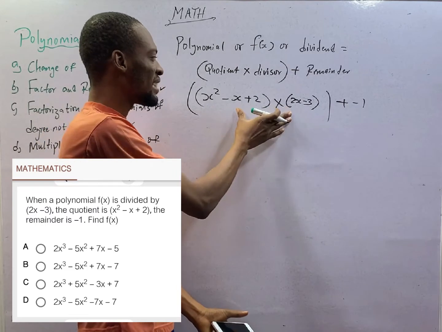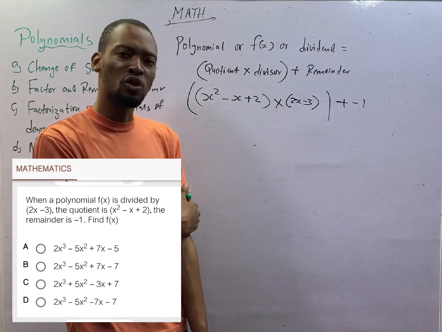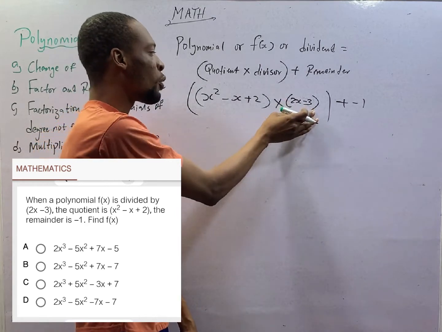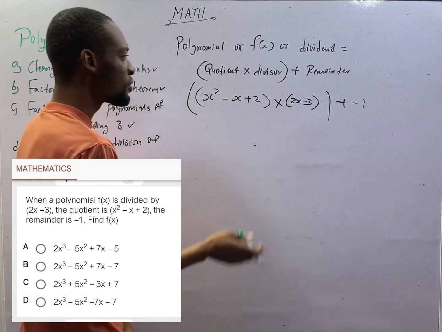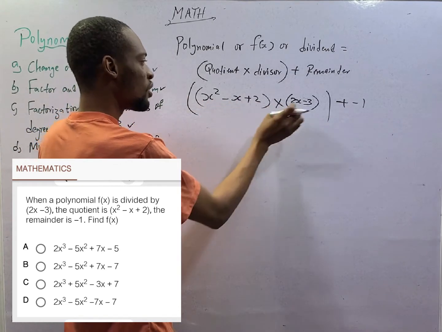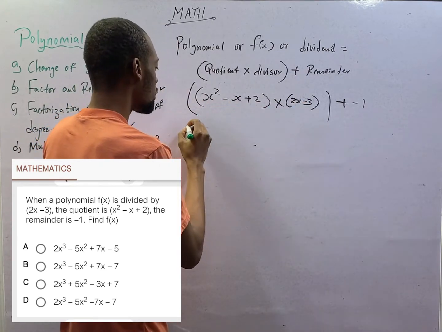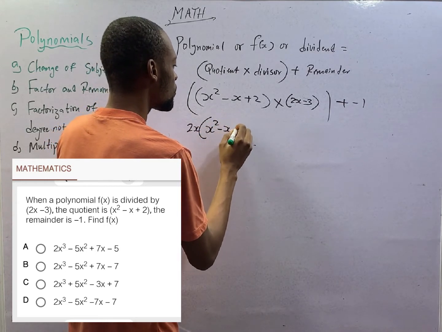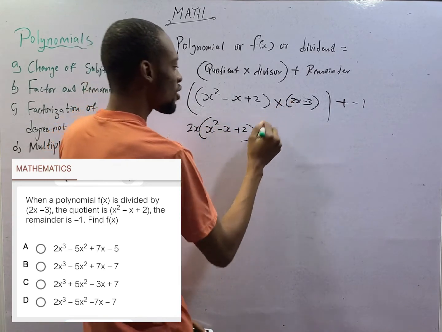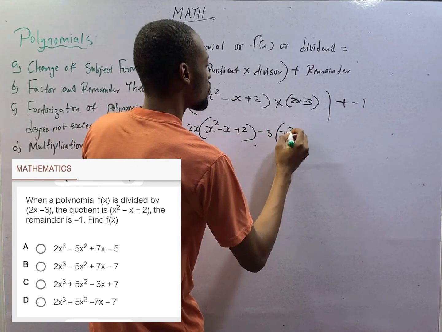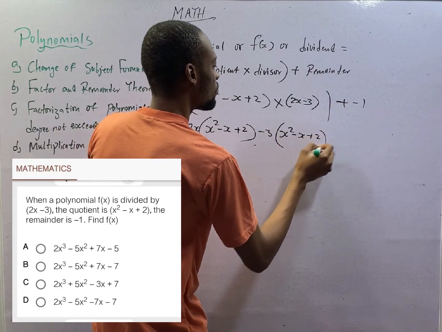We have to multiply these guys, taking us back to multiplication of polynomials. We distribute this smaller one over here. If you are distributing 2s minus 3 over s squared minus s plus 2, we pick the first one, 2s, distribute it over s squared minus s plus 2. Then the second one, minus 3, we also distribute it over s squared minus s plus 2.